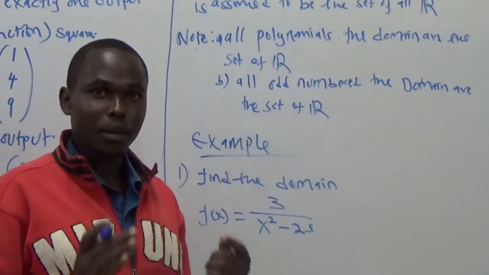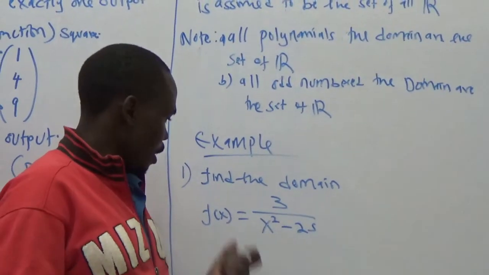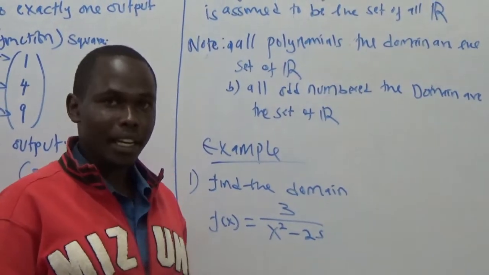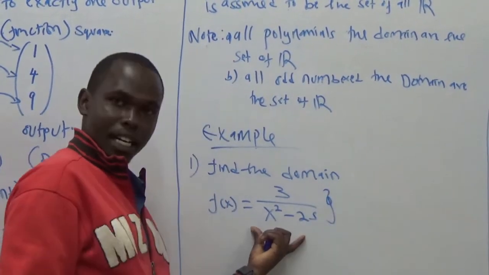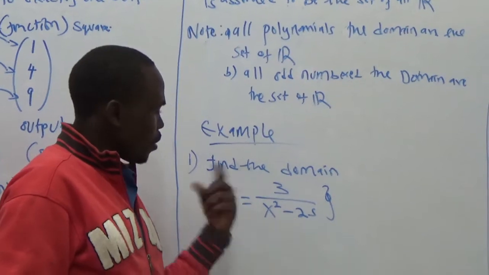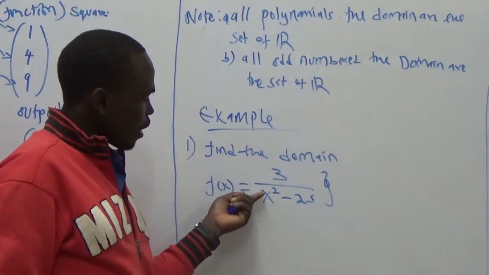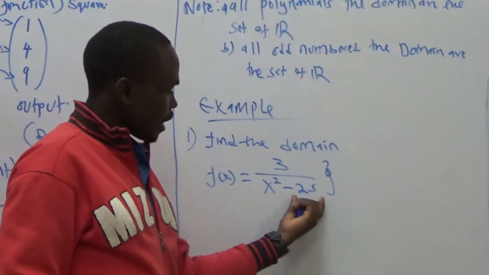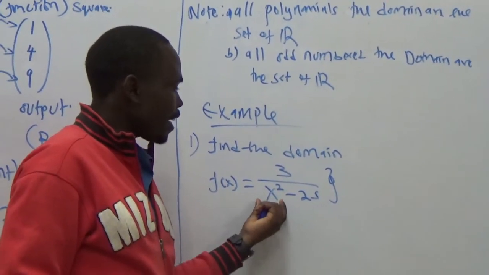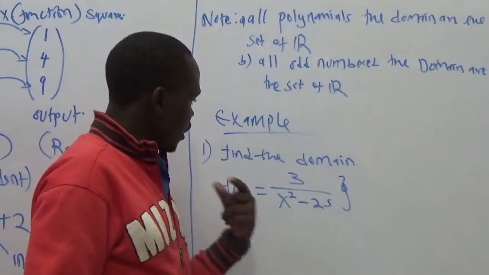We know the domain is the set of inputs, which is independent. In this case, we have to find the value of x.